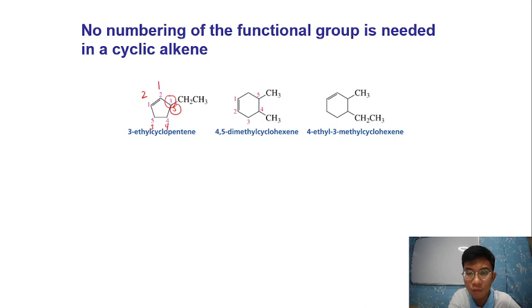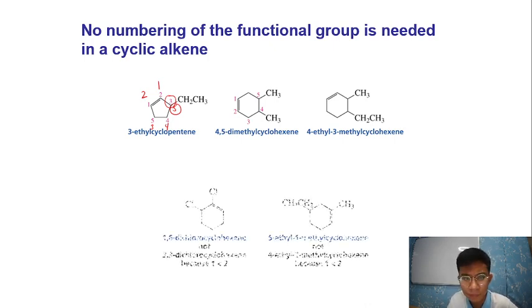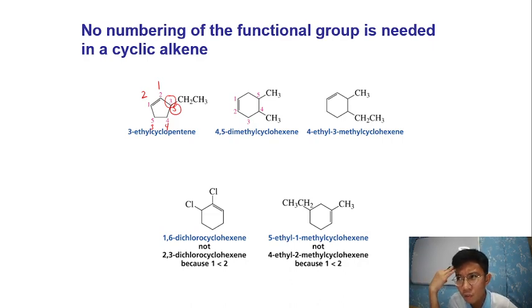Ganun din yung application ng rule dito sa two other organic compounds natin dyan. So, yan, mga same set of rules. Alphabetization, if your substituents are different, and if you have one or more substituents, then you use the prefix, depending on how many.